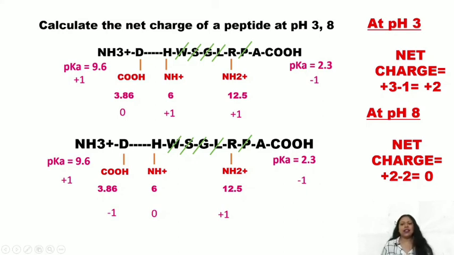Yes, it is easy, because we have prior experience of calculating the net charge of amino acids, and now we have elucidated how to calculate the net charge of a peptide by having an idea about the single letter code of amino acids, by having an idea about the ionizable R groups, and by knowing the simple rules of pH and pKa. Correct?